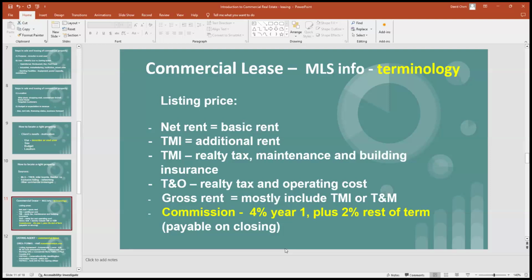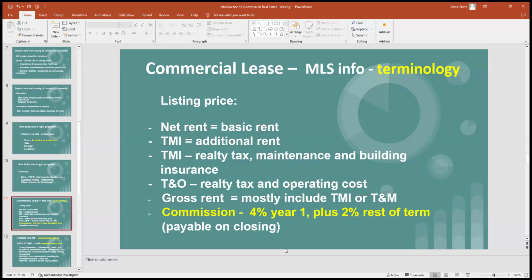When we go to the listing, when we find something, I'm sure you need to know what they're talking about. Not only as the buyer agent, but you also need to be the listing agent. When you list the unit or the building for lease, you have to know that terminology.